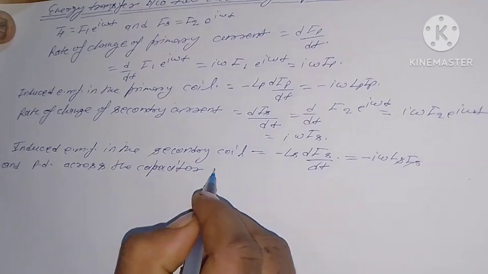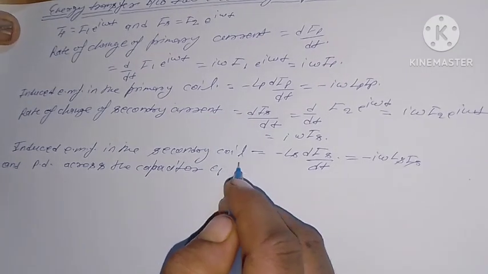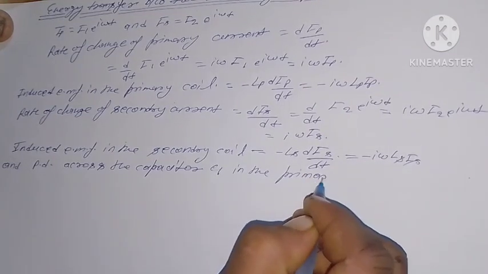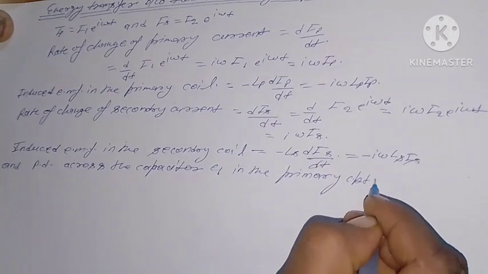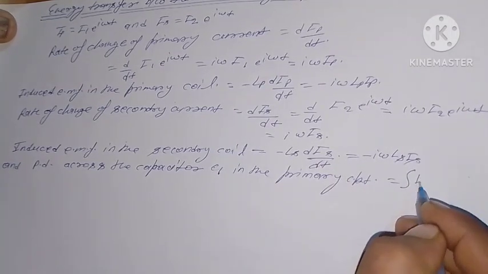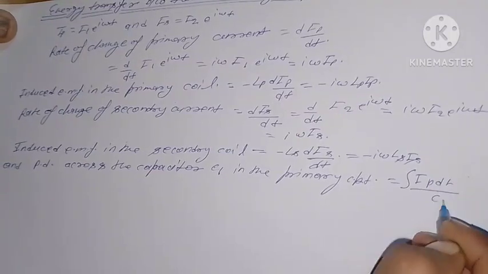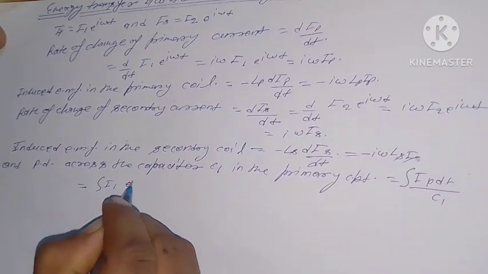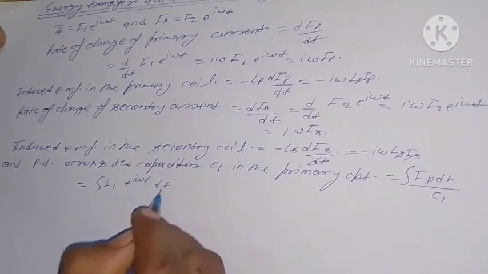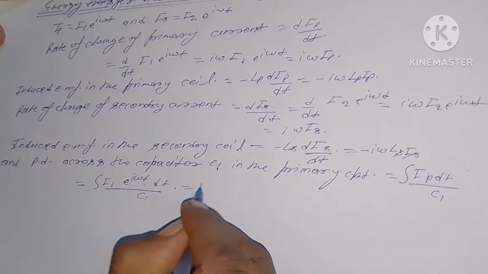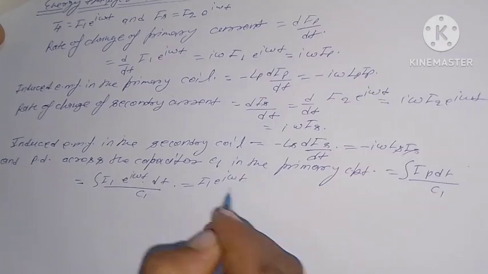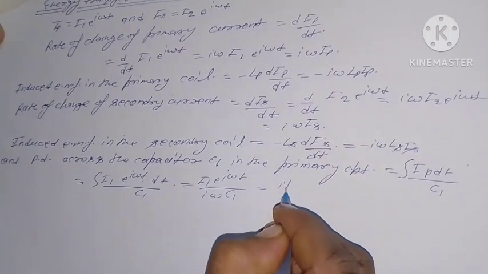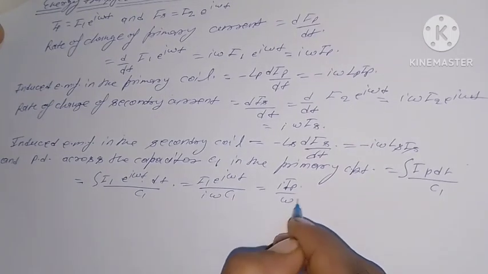Potential difference across the capacitor C1 in the primary circuit is integration of IP dt upon C1, that is integration of I1 e to the power i omega t dt upon C1, equal to I1 e to the power i omega t upon i omega C1, equal to minus i IP upon omega C1.